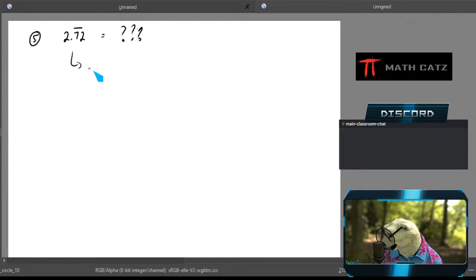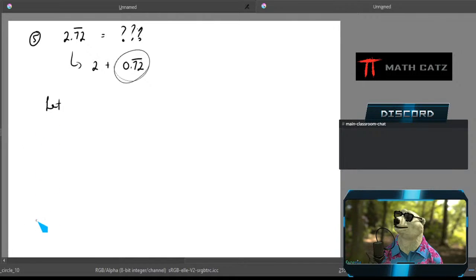But instead of looking at that number, we're going to separate the whole number portion from the decimal portion and only worry about this guy. That's the only problematic part of this number, and that's going to make my life easier working through this method if I don't include the whole number portion.